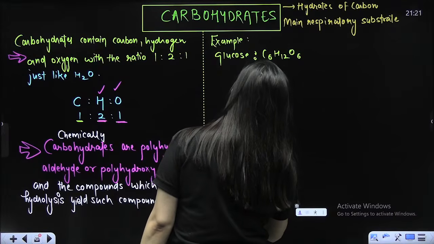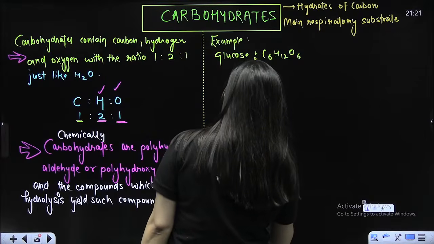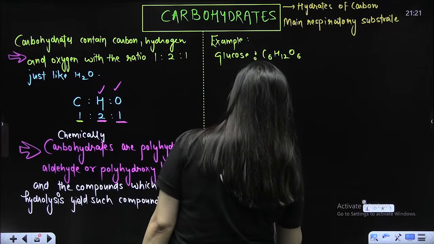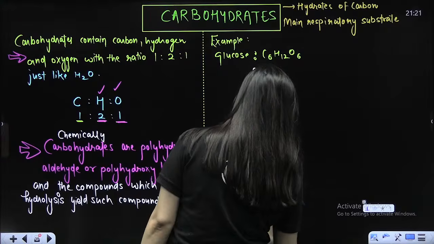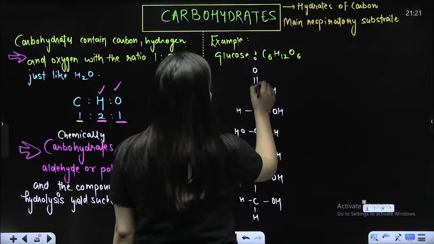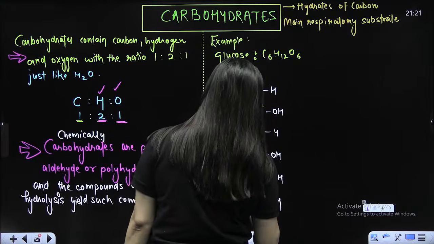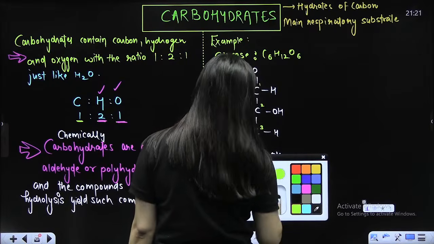It is also known as Fischer projection. So please pay attention. So 1, 2, 3, 4, 5 and 6. So that's what we have.